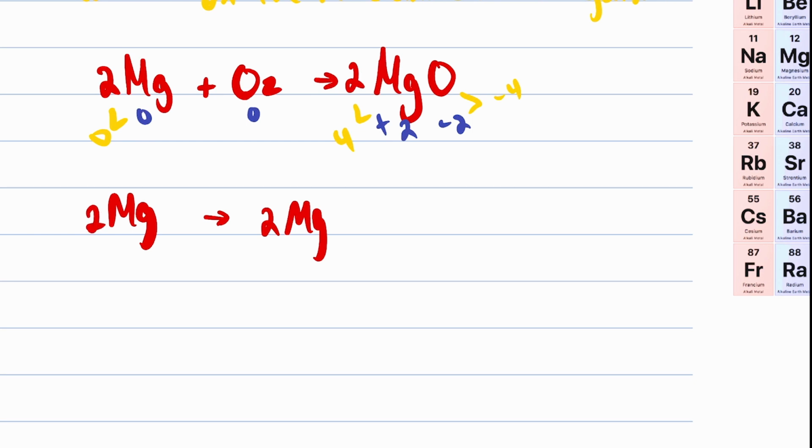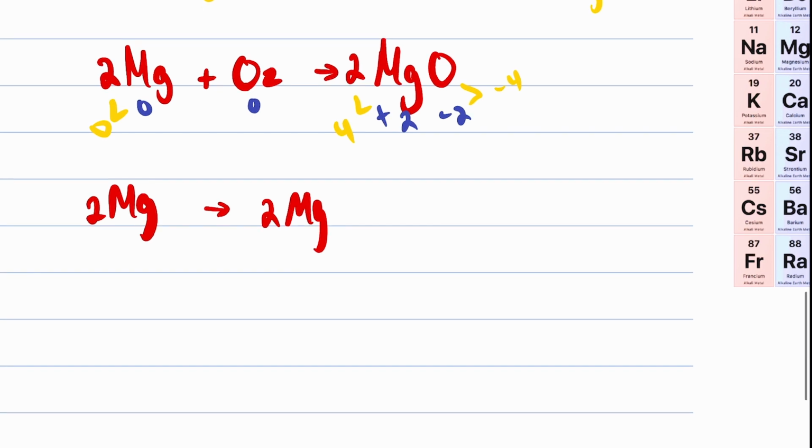Then, for oxygen, we just had 1 dioxygen there, and then just 2 O on the product side. So far, so good, right? No questions here. All right, so now let's look at them just like we did before.